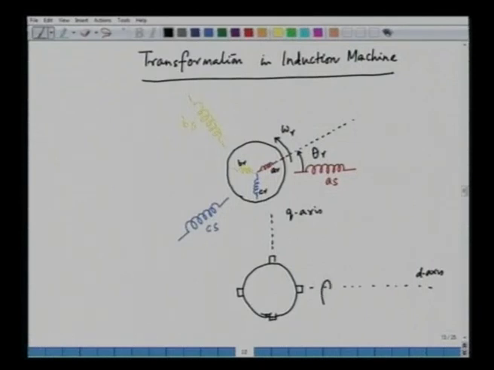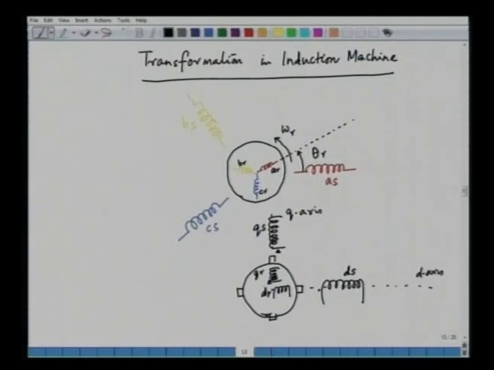So, we have a D axis stator, we have a D axis rotor, we have a Q axis stator and we have a Q axis rotor. So, we can call this to be DS, this to be DR, and these two windings are coupled. So, we can have a dot here, and this is QS and this winding is QR. This winding is coupled with this winding. So, we can show some polarity marking here. So, this is what we have here.